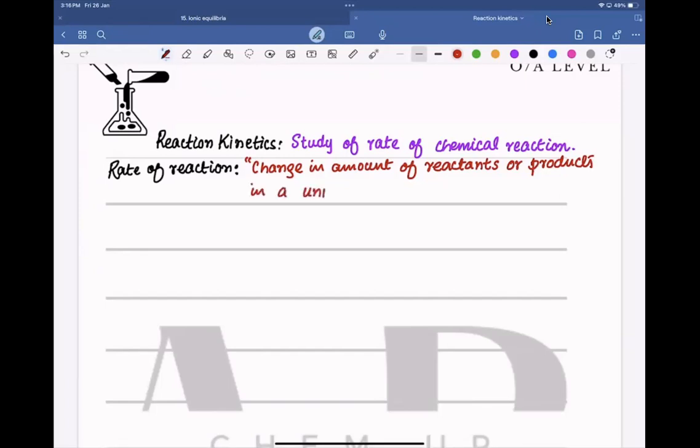So it means how much amount of reactants are consumed or how much amount of product is formed in a unit time is called rate. Is this understandable to all of you?